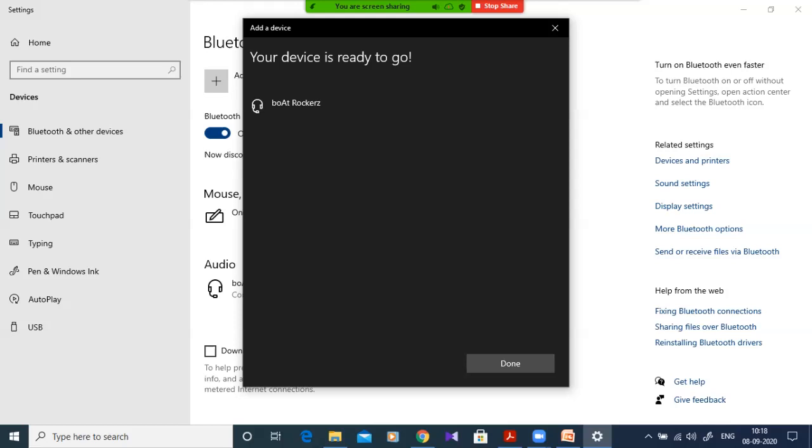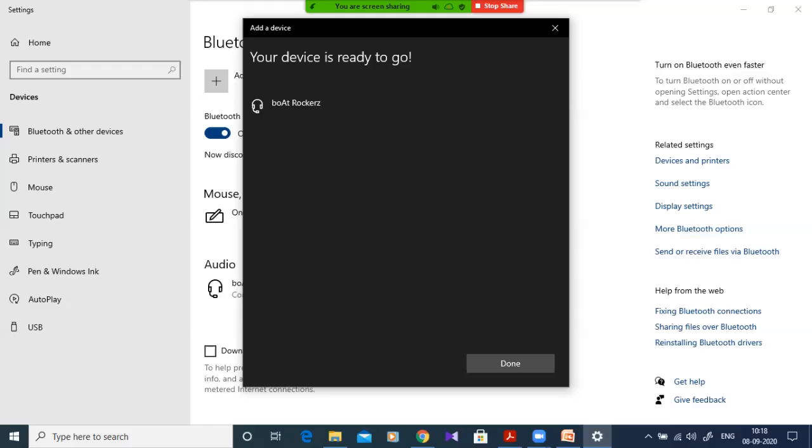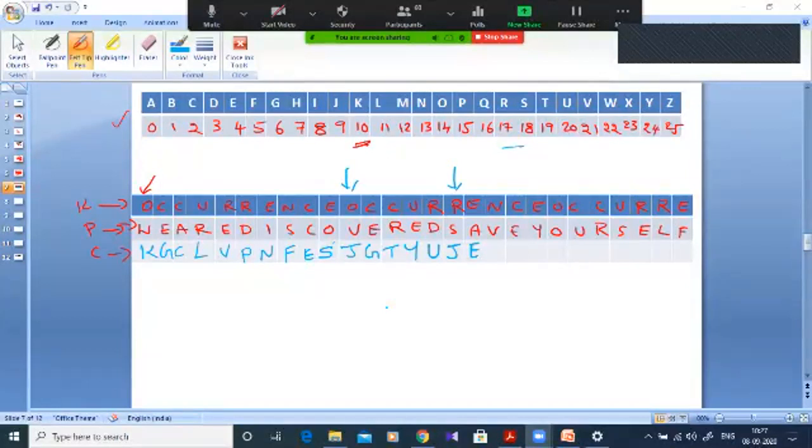The screen setting. Now is it okay? Yes, sir.